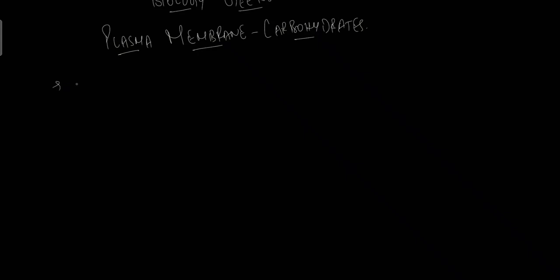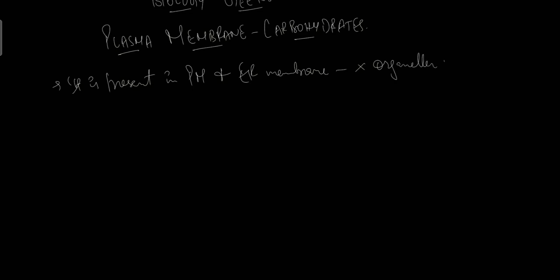So we can write it is present in plasma membrane and ER membrane. ER stands for endoplasmic reticulum, and it is not present in any other organellar membrane. This is the main point that you have to know about carbohydrates.